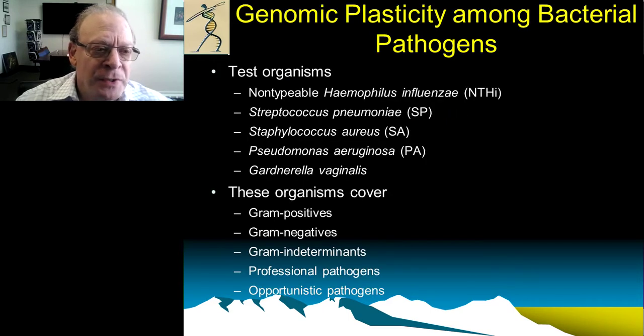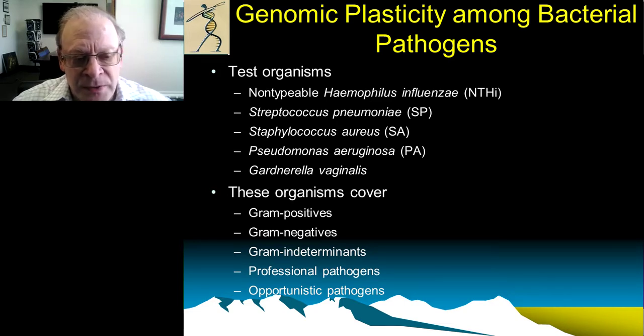And so we chose a number of different bacterial species to look at. Here you see Haemophilus influenzae, Streptococcus pneumoniae, Staphylococcus aureus, Pseudomonas aeruginosa, and Gardnerella vaginalis.